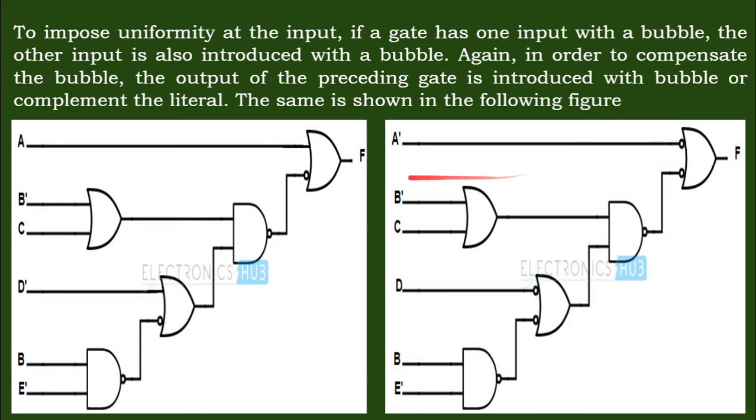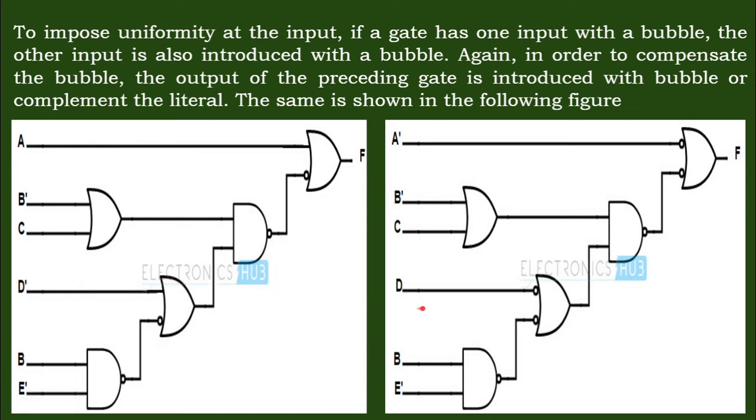And then coming to the next gate, which has two inputs, one bubbled and the other not bubbled. So how to do this? Add one bubble here and then complement this input. So D bar is D. When you add one bubble over here, to maintain the value we add one more complement in the variable.